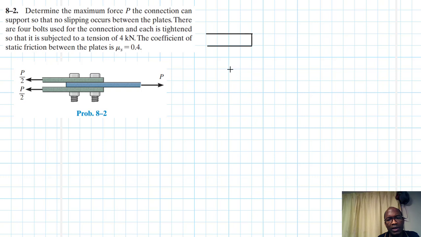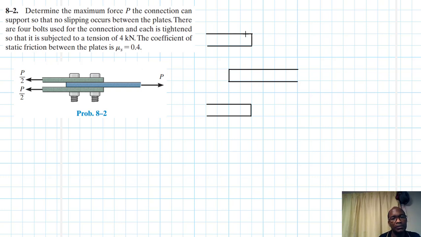Let's say we have another one here. And then we have another one here. So there is tension in the bolts, but of course they are exerting a compression force on the plates.